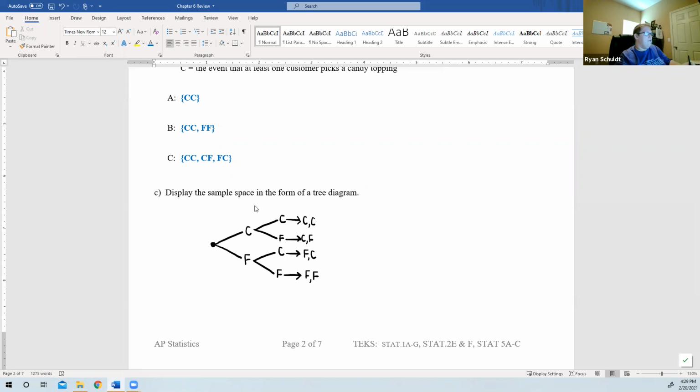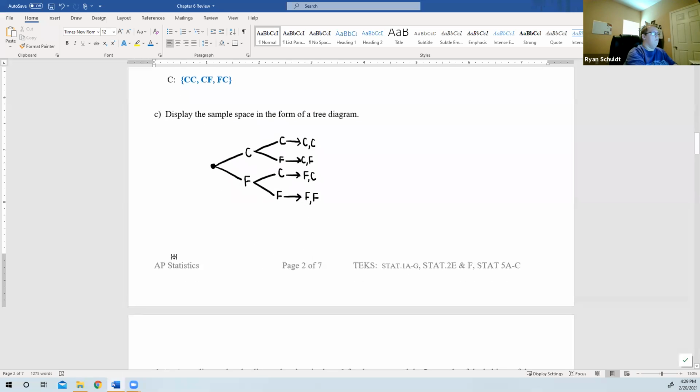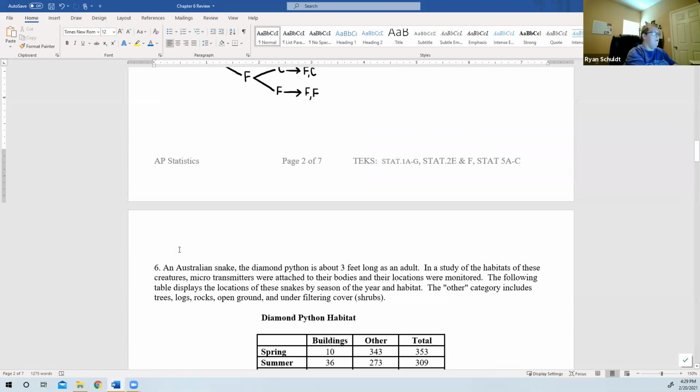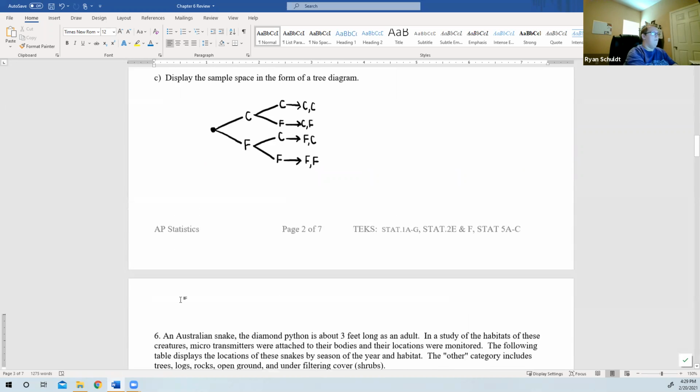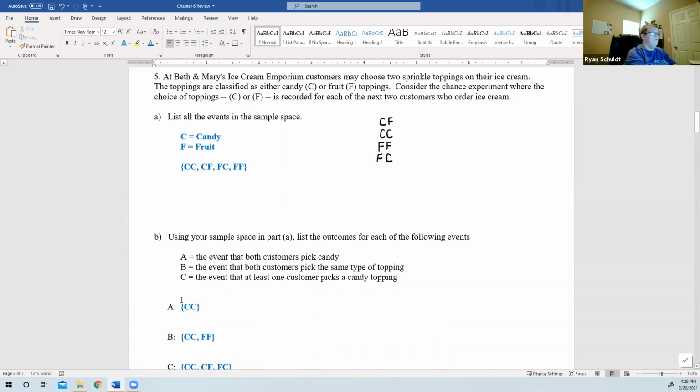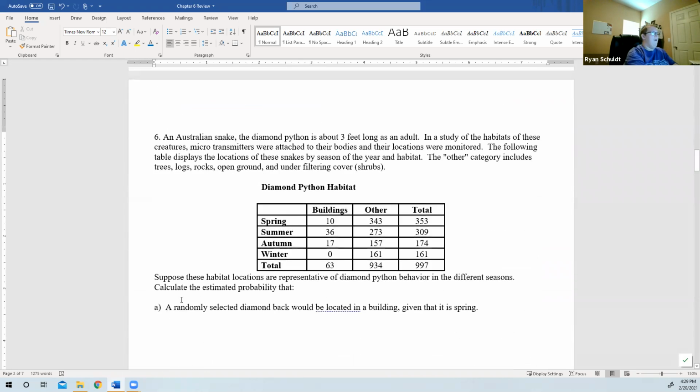And that's it. You just start at the beginning and work your way through. Now, as easy as this sounds, I have a feeling this is an important one, so it could appear on the test. You need to understand how sample spaces are developed. Okay, so that's all there is to number 5.